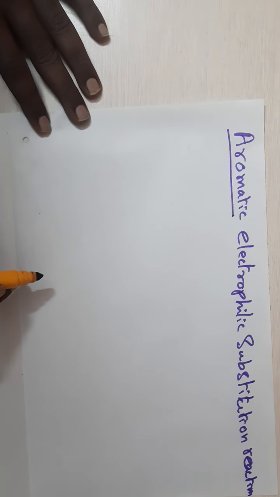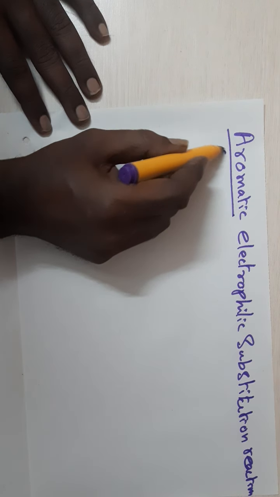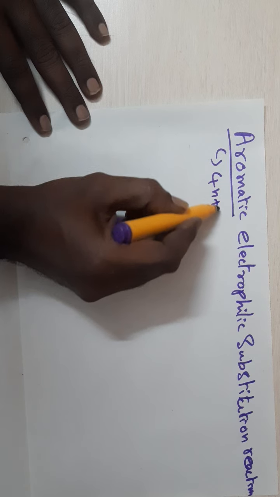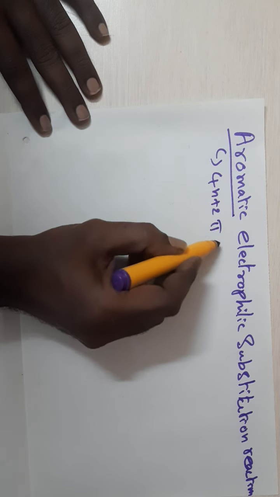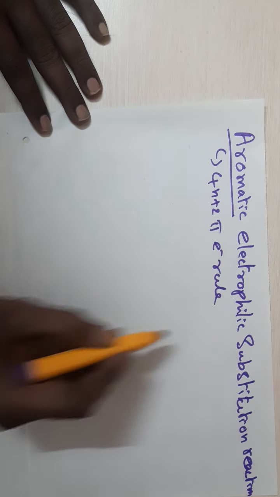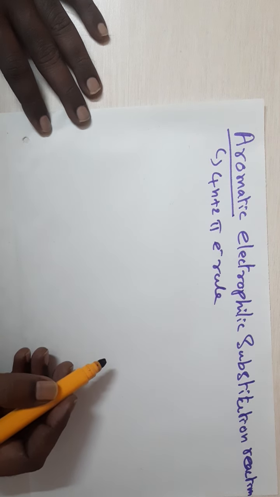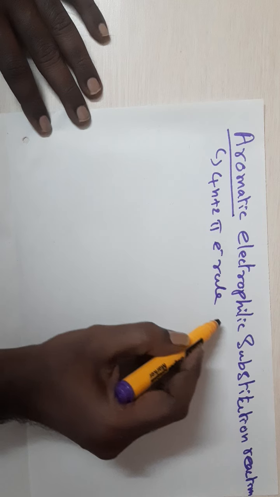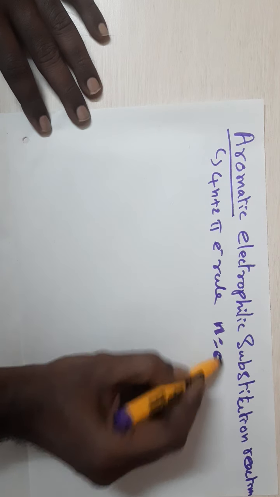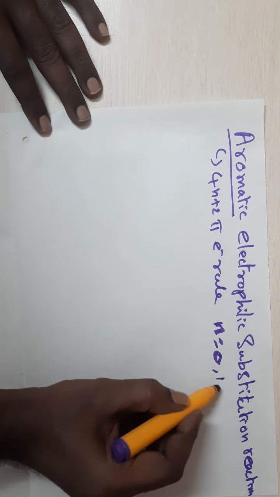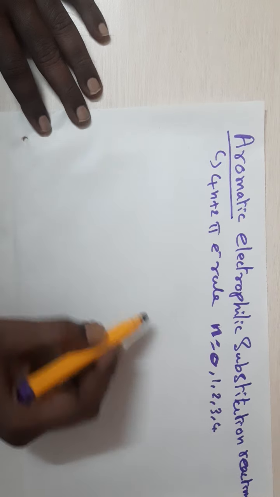From your knowledge of degree chemistry, first BSc, second BSc or third BSc chemistry, you can say what is an aromatic compound. Aromatic compounds satisfy the 4n plus 2 pi electron rule. If your compound has 4n plus 2 pi electrons, then it is an aromatic compound, where n is equal to any value: 0, 1, 2, 3, 4.